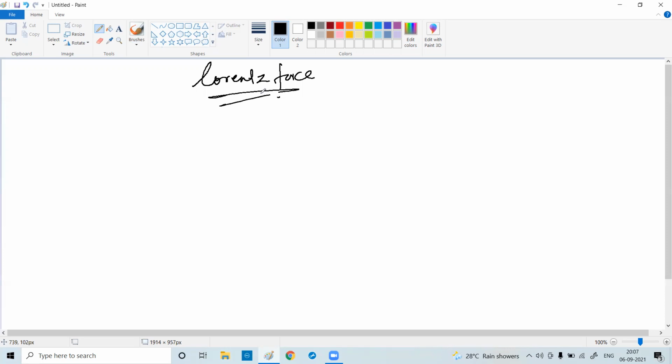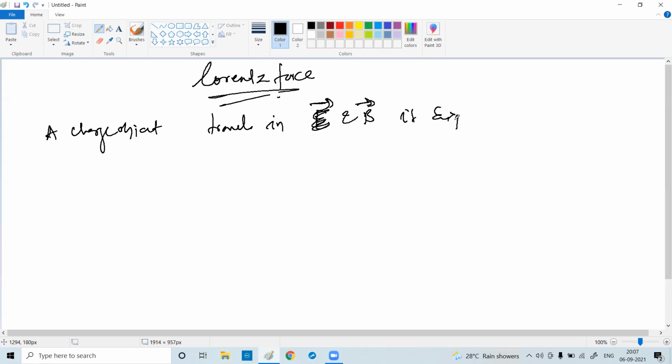Lorentz force is nothing. Whenever a charged object travels in an electric and a magnetic field, electric field is given by E and magnetic field is given by B, it experiences a force. Okay?